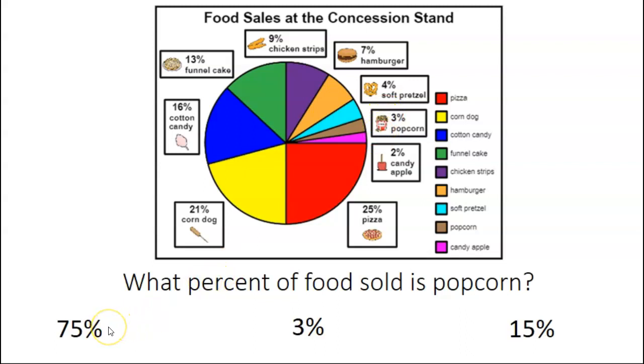Is it 75%, 3%, or 15%? Touch or say your answer. Okay, we can see here, popcorn is 3% of sales. 3%.